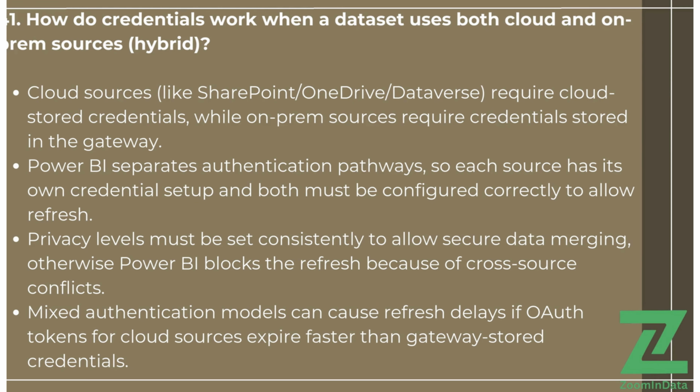Power BI separates authentication pathways, so each source has its own credential setup and both must be configured correctly to allow refresh. Privacy levels must be set consistently to allow secure data merging. Otherwise, Power BI blocks the refresh because of cross-source conflicts. Mixed authentication models can cause refresh delays if OAuth tokens for cloud sources expire faster than gateway-stored credentials.